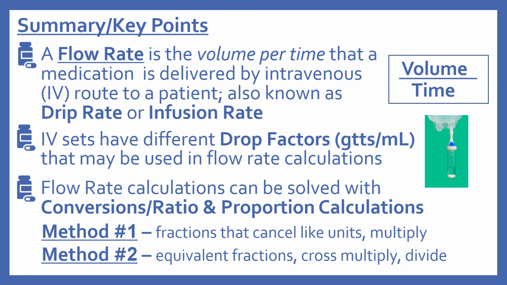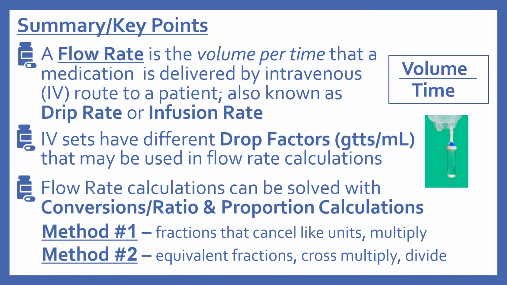Now we'll look at a summary and some key points to remember about flow rates. So a flow rate is the volume per time that a medication is delivered by intravenous route to a patient. It's also known as a drip rate or infusion rate. And IV sets have different drop factors, which the units are drops per milliliter, that can be used in flow rate calculations.